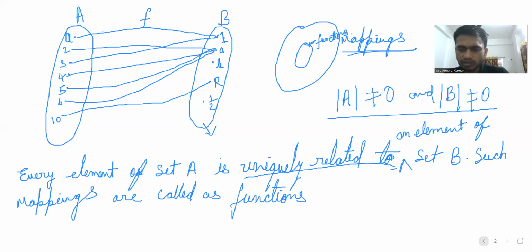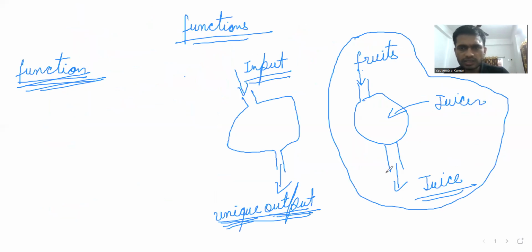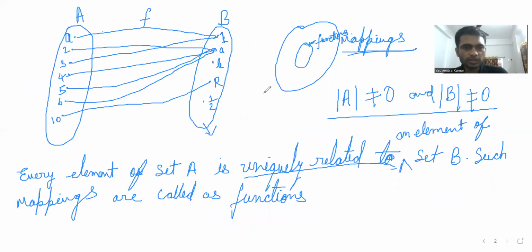Whatever we saw on the previous page was only to relate to this, so that we have some idea from our day-to-day life, and then we proceed. This mapping is called a function. We can see that every element of set A is related to a single element. Better we write a single element. So every element of A is related to a unique element of set B, right?